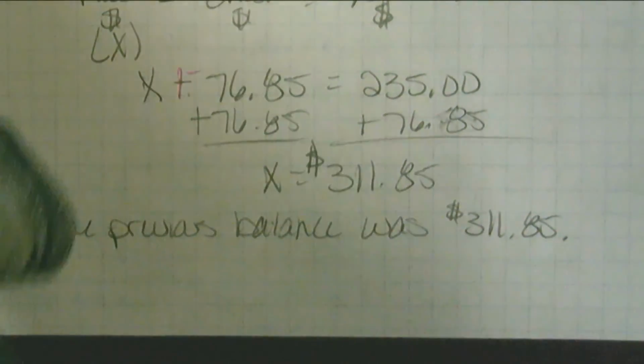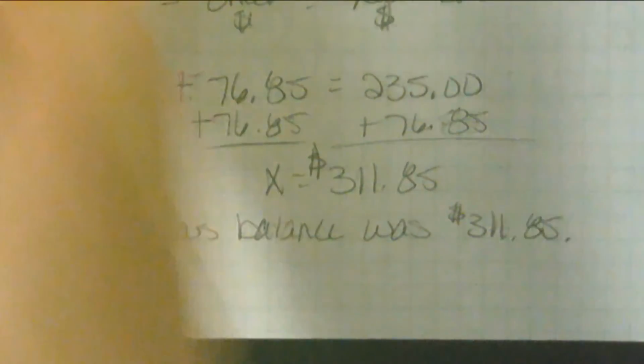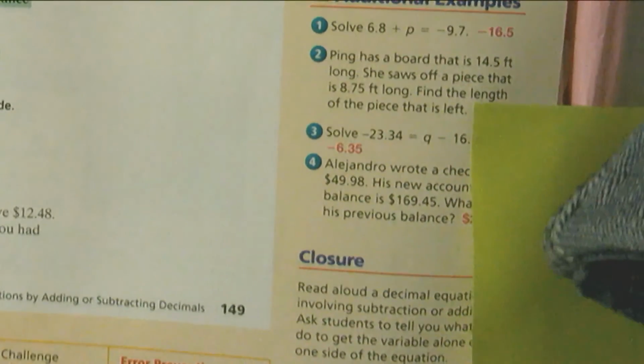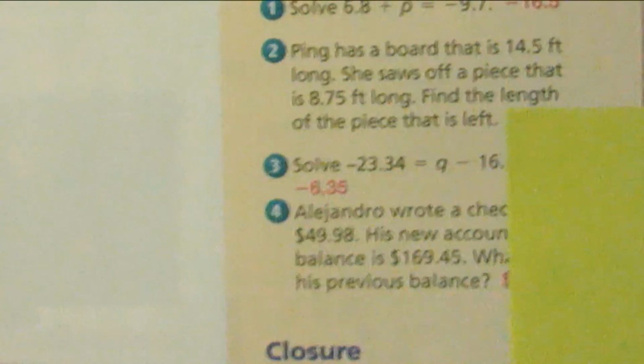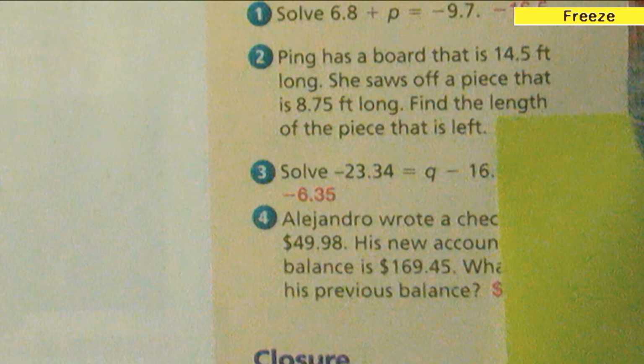Awesome. Let me show you guys another one. We're just going to work on some more of these. I want you to do number 2 right here. Remember, parts equal to your whole.